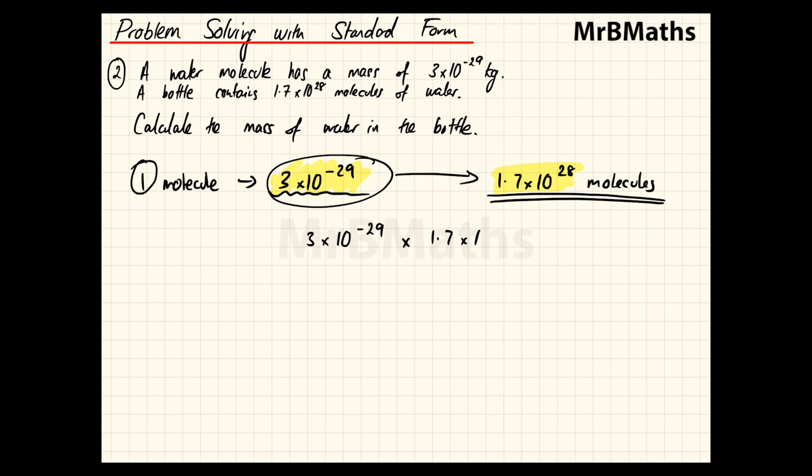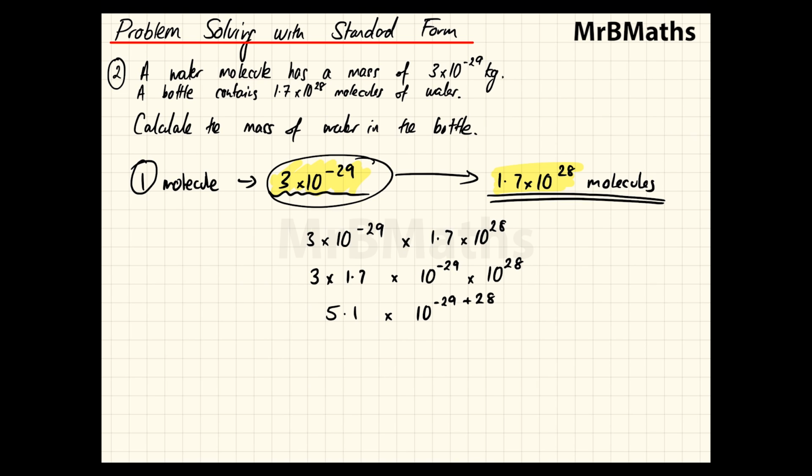Now, as we did before, slightly rearrange this: 3 times 1.7, that's the numbers done, times 10 to the minus 29 times 10 to the 28. If we do 3 times 1.7, we get 5.1 times 10 to the minus 29 plus 28.